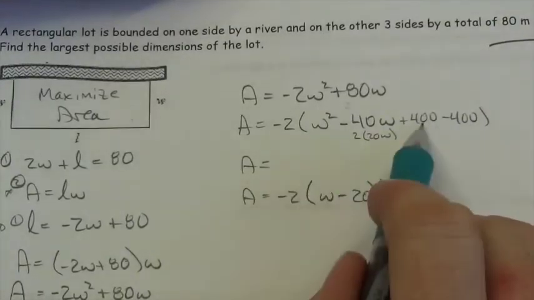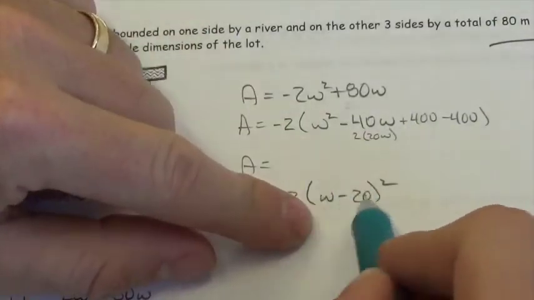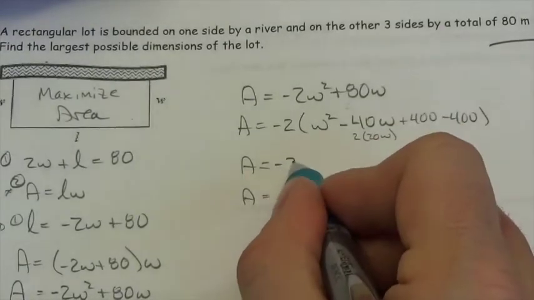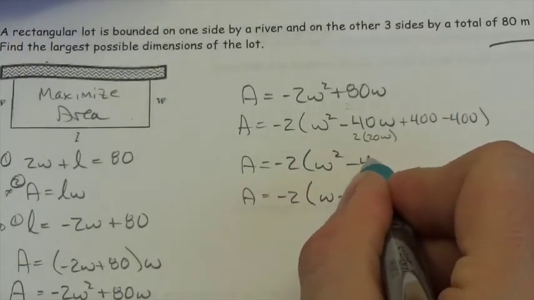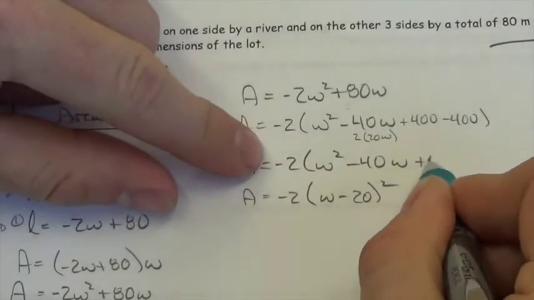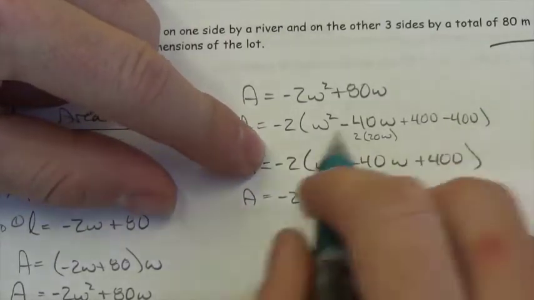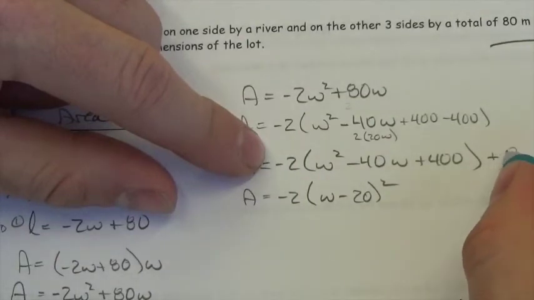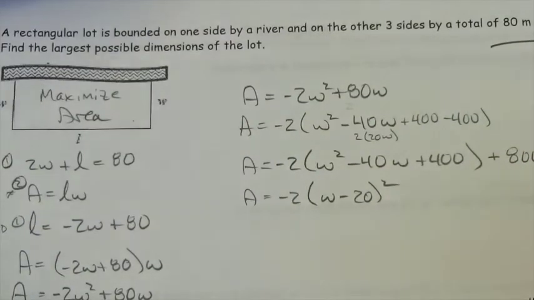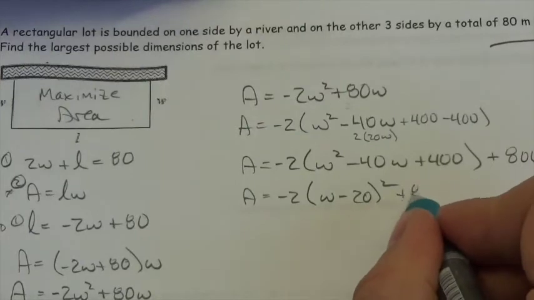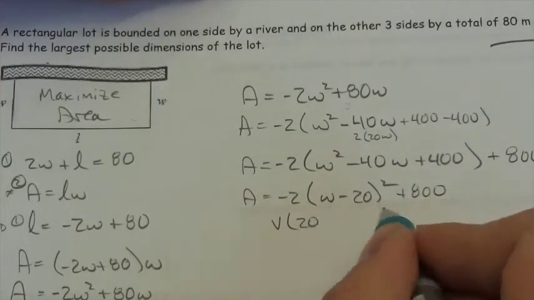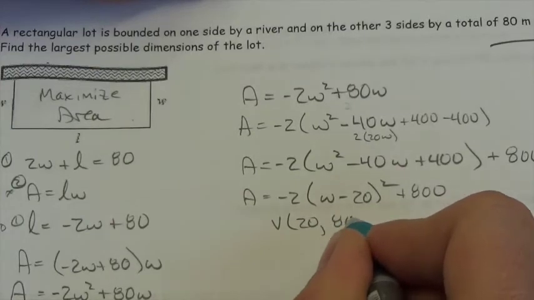I only need the first 3 terms to get it down to that binomial squared, so I'm going to take the negative 400 out. I do that by multiplying by that leading coefficient. So negative 2 times negative 400, which means I'm actually going to take out a positive 800. So this will become positive 800 here.